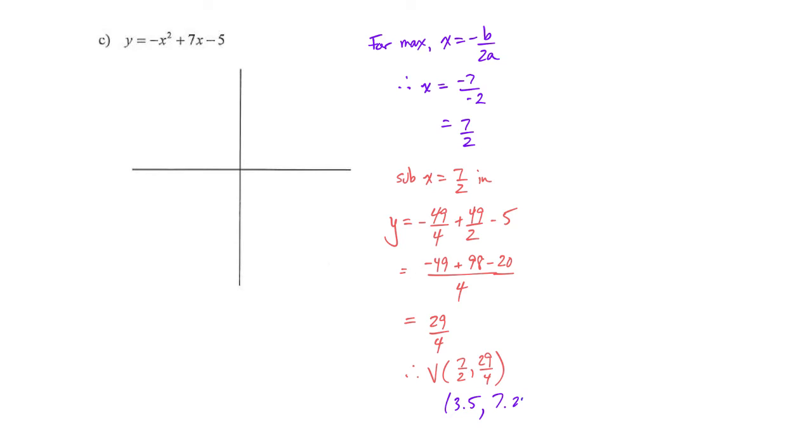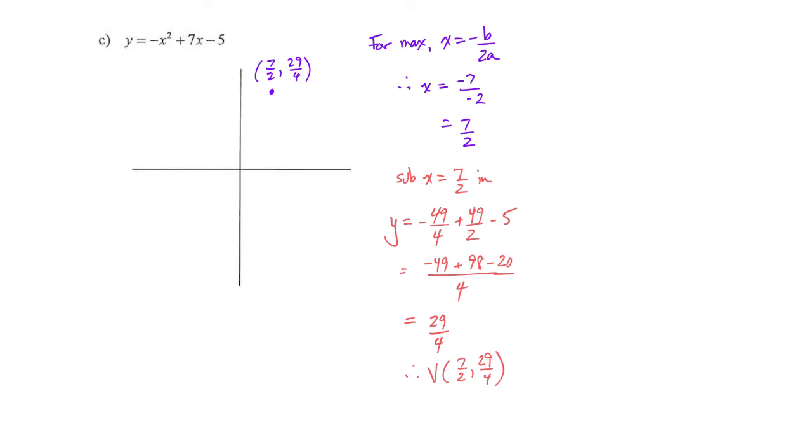So I don't even care that it's 7.25. It's 7 point something. So I'm going to have my vertex at 3, 7, right? Over a bit, up a bit. My parabola is opening down, so I'm going to label above. Yikes, I was just about to write down my decimal. 7/2, 29/4.